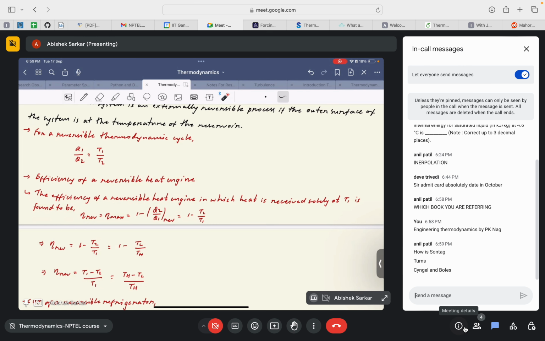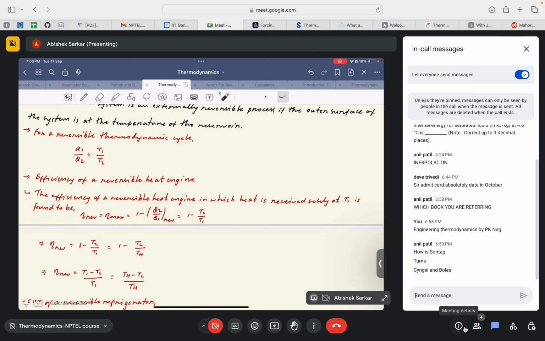Excellent. Cengel and Boles are excellent, and in fact, from the perspective of understanding or solving basic problems, I think P.K. Nag is good because it lets you understand how the problems are solved in a simpler manner, like taking data from the question and solving it.